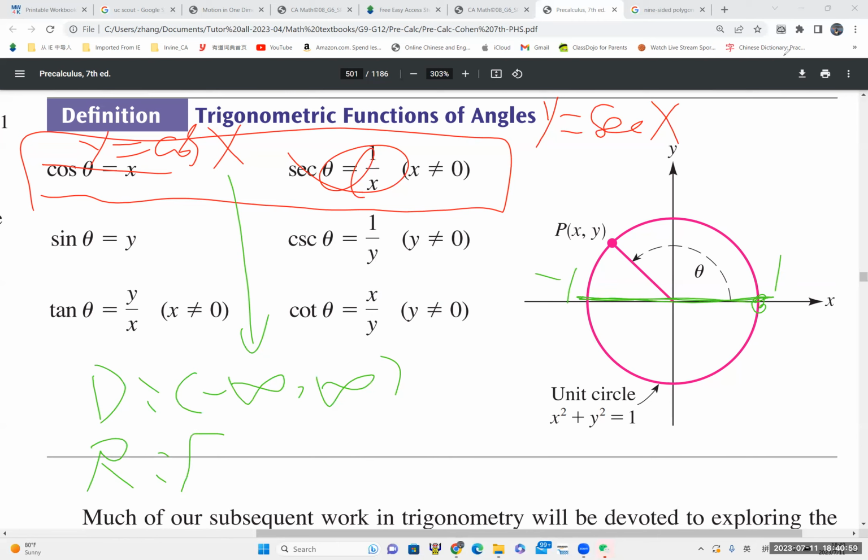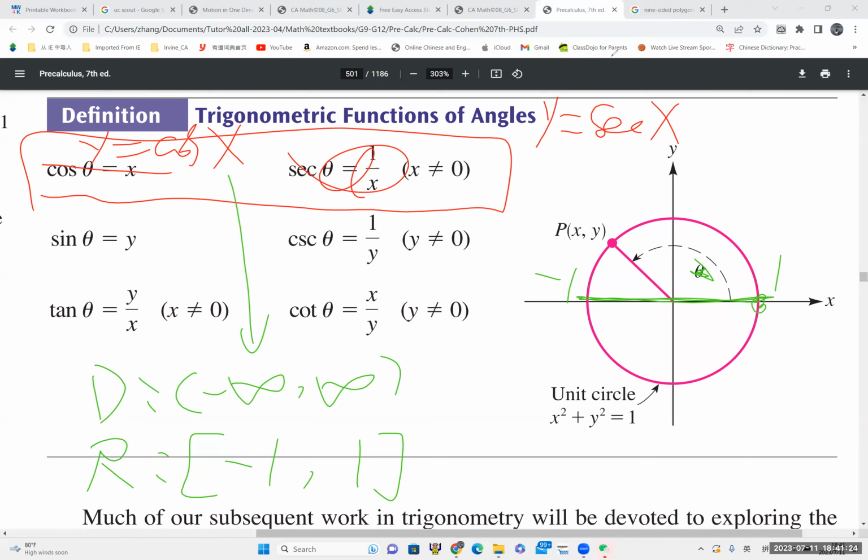So the range is negative 1 to 1. Yeah, for secant, we know x cannot be 0.